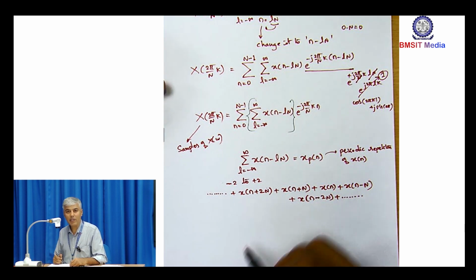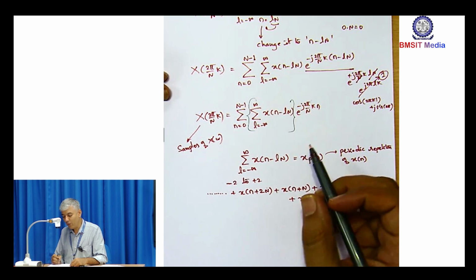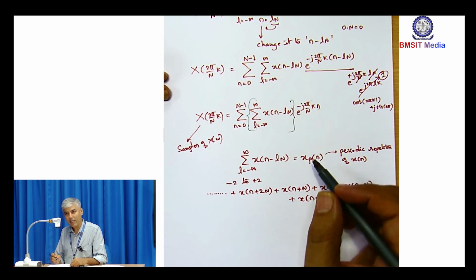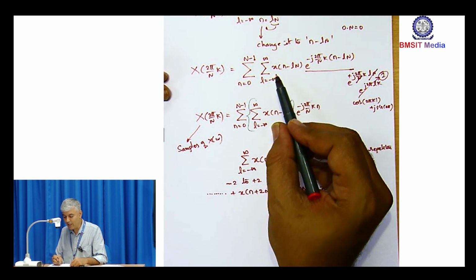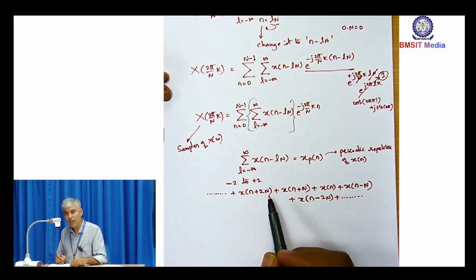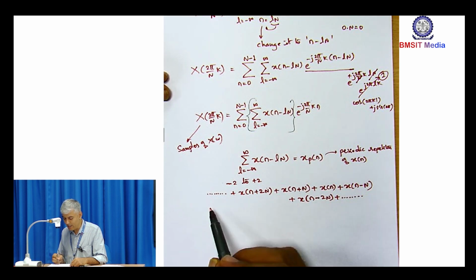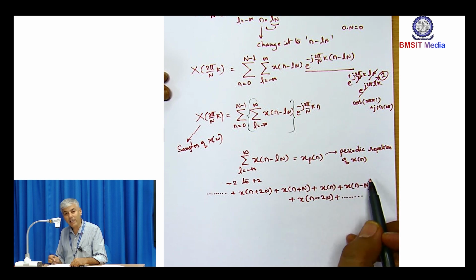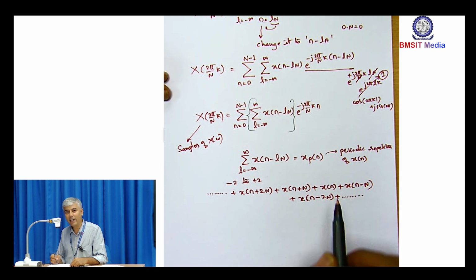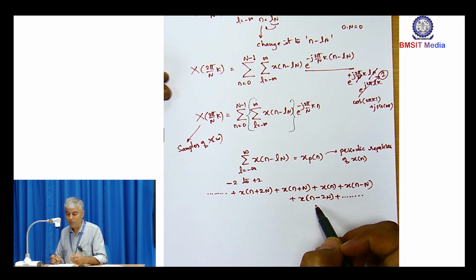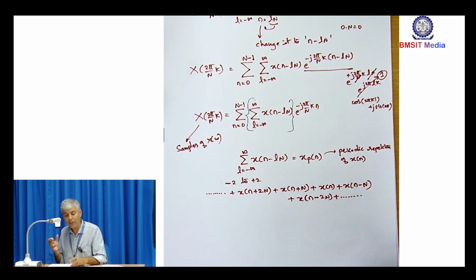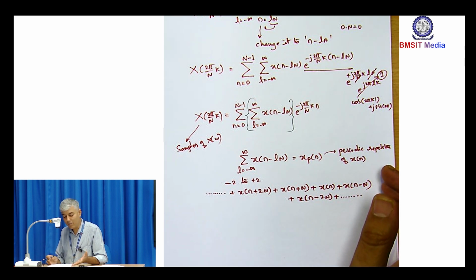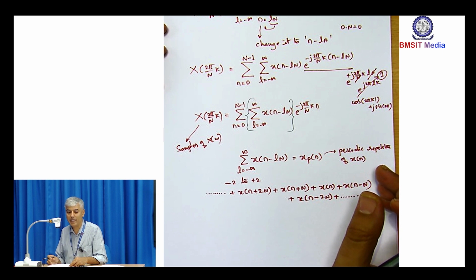Now, though we do not have that signal, the rearrangement gives rise to a representation like this, which is an aliased version or a periodic repetition of x of n. So, I can treat this expression with the help of a tool which helps in analyzing periodic signals. That is nothing but our Fourier series, right.